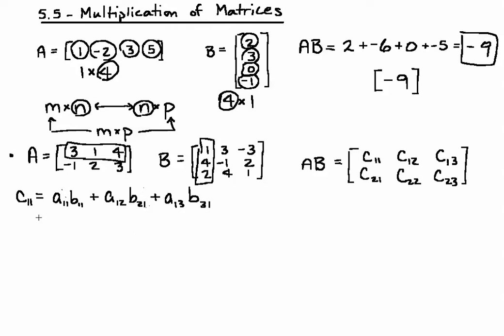So C11 is 3 times 1, plus 1 times 4, plus 4 times 2. 3 times 1 is 3, 1 times 4 is 4, 4 times 2 is 8. So our first entry of our matrix is going to be 15.